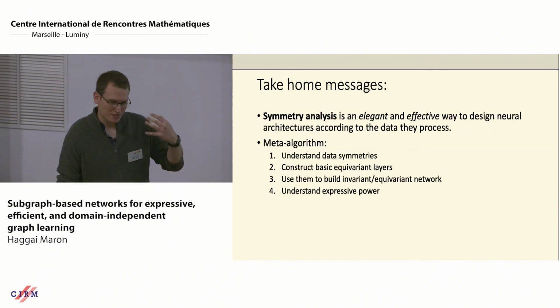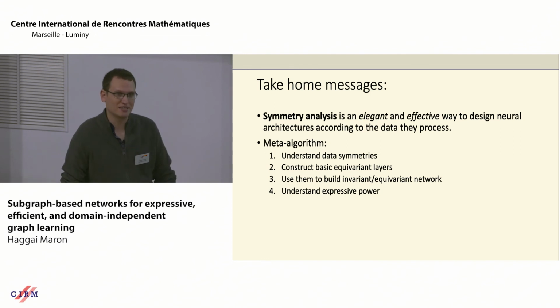And maybe something even more general would be that symmetry analysis is a very nice way to come up with new architectures for items or inputs that you would like to process with neural networks.